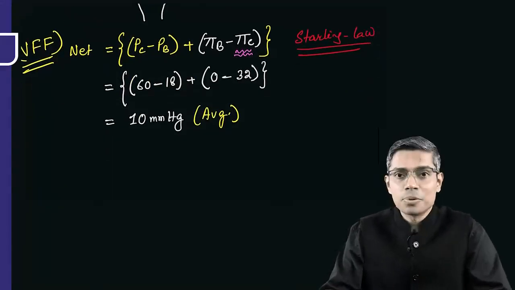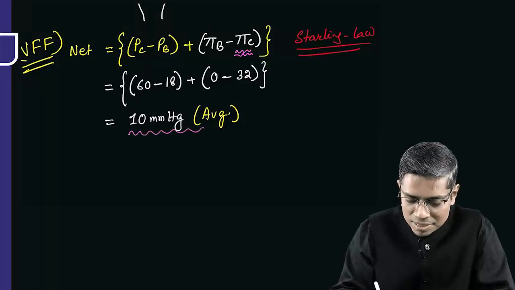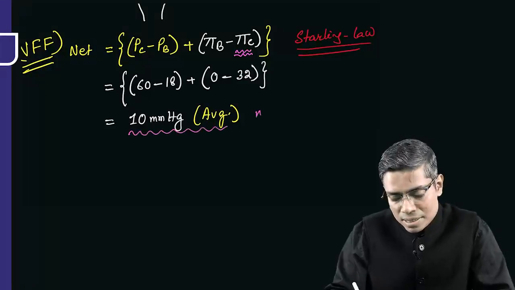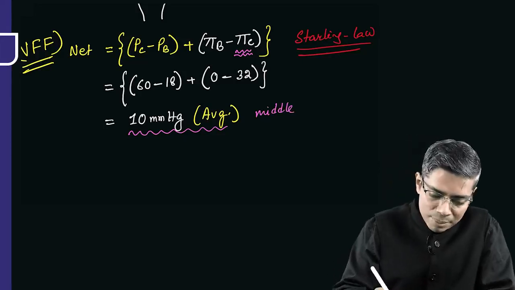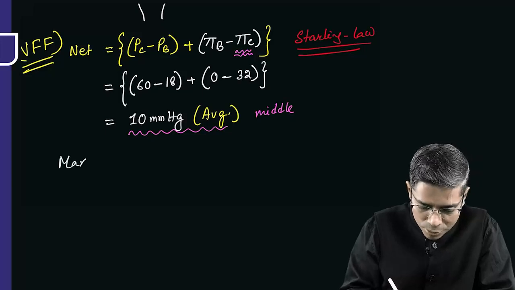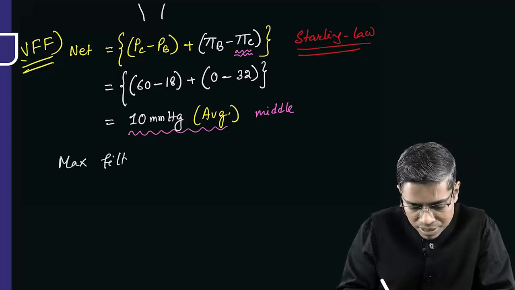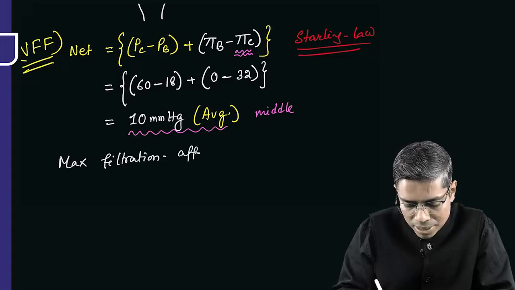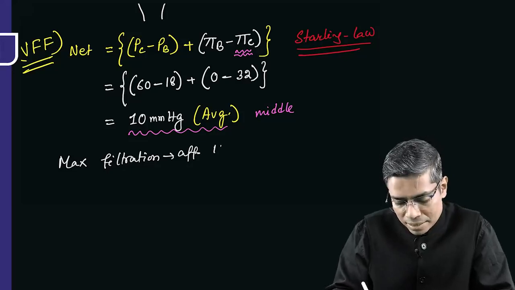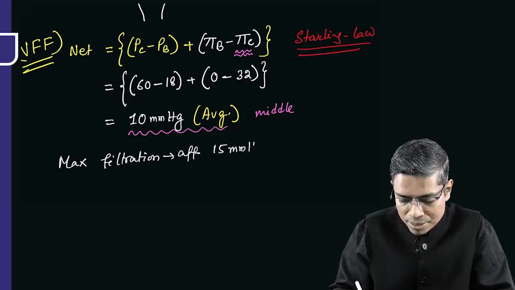And the average force of filtration is 10 millimeter of mercury. This is almost at the middle part of the capillary. The maximum force of filtration is at the afferent arteriole end, okay? And that is 15 millimeter of mercury.